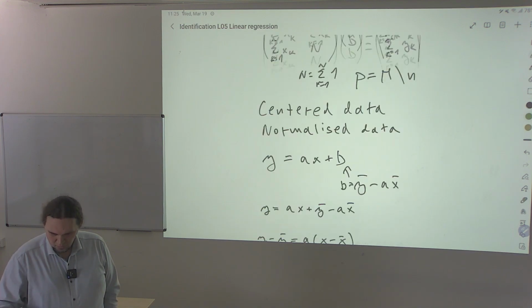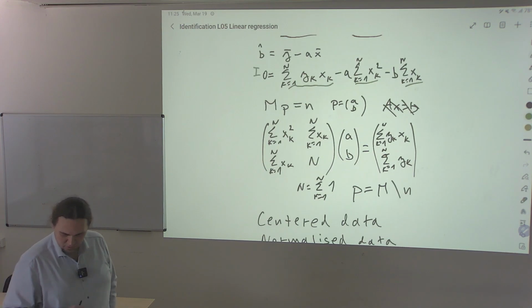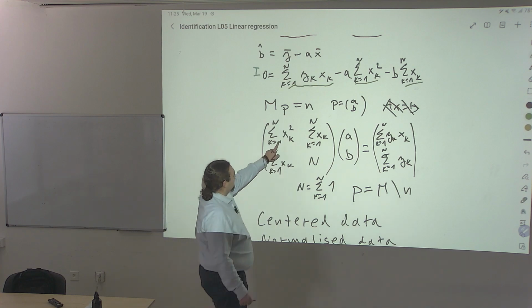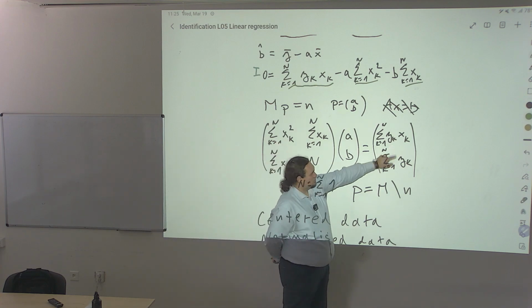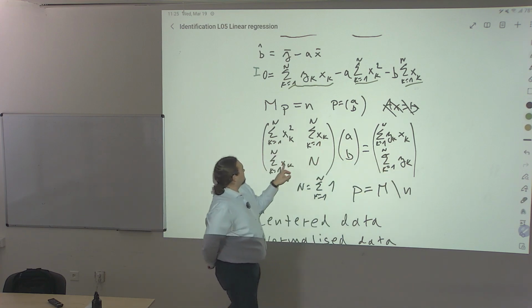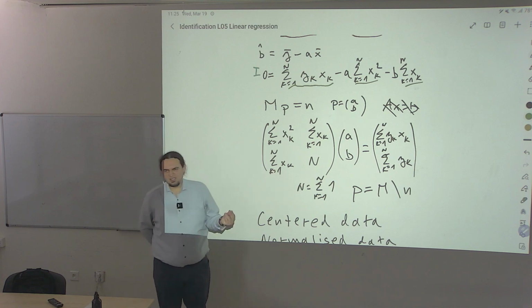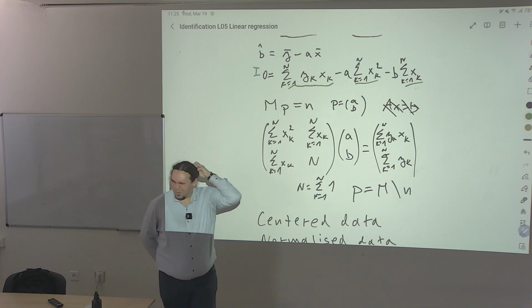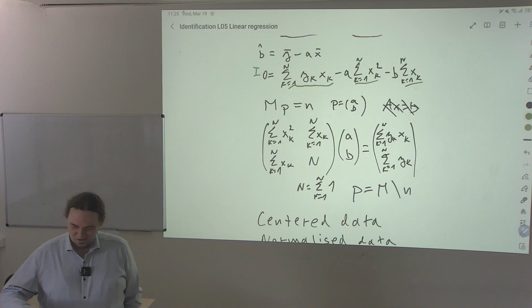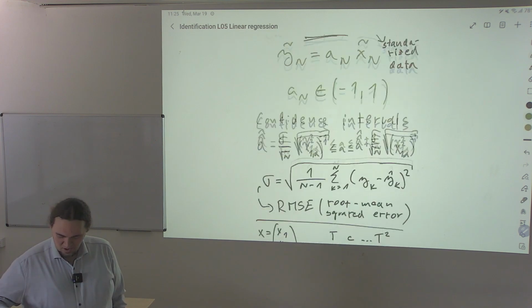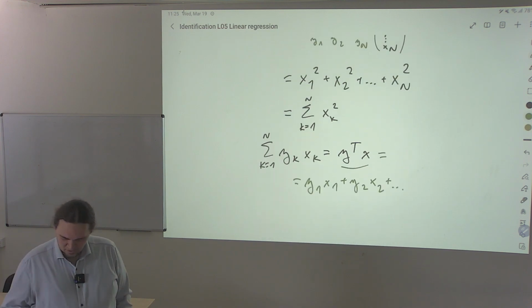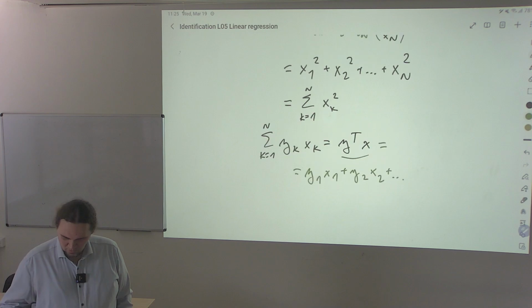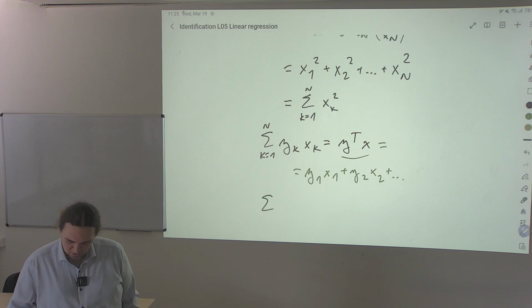Okay, so we already know what to do with this one and this one. Now what about these guys here? I have a sum of just x. How can I represent it, what can I do with the vector x, or vector y, but let's just start with vector x and it will be the same for y.